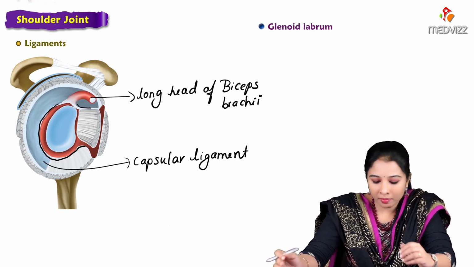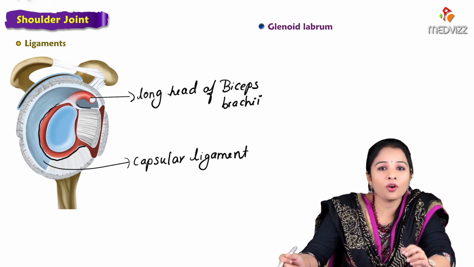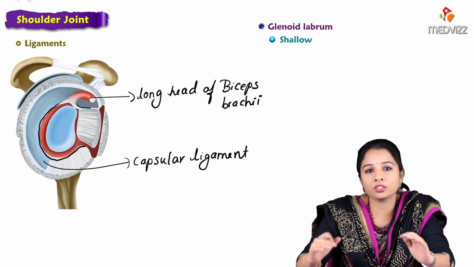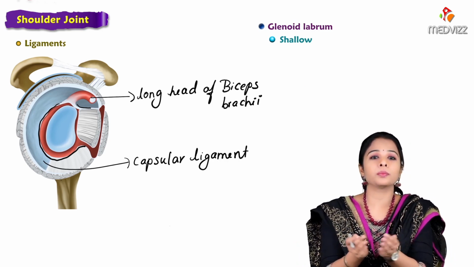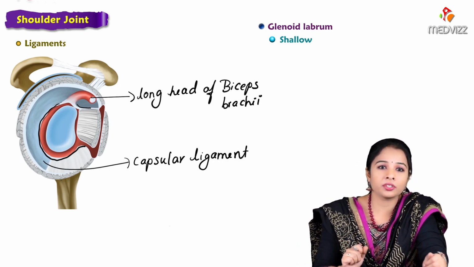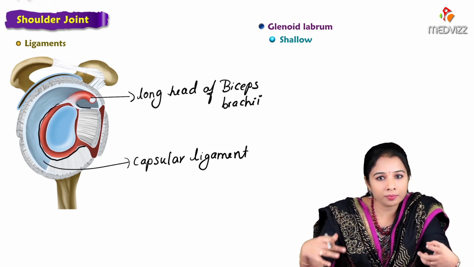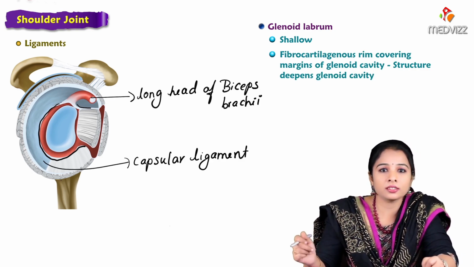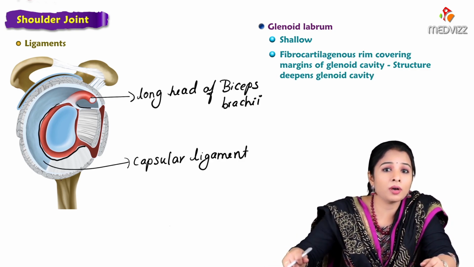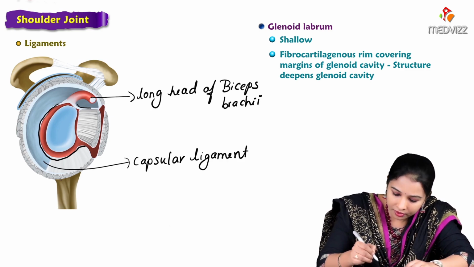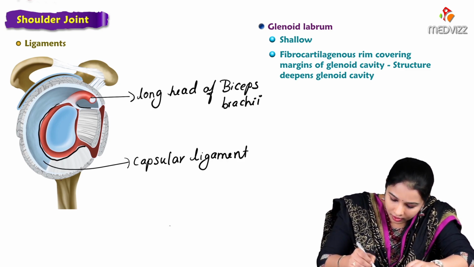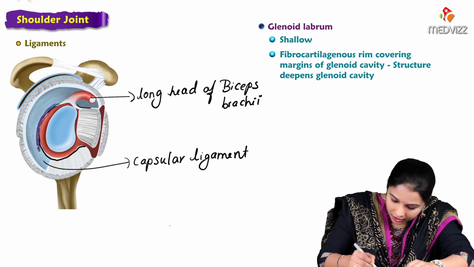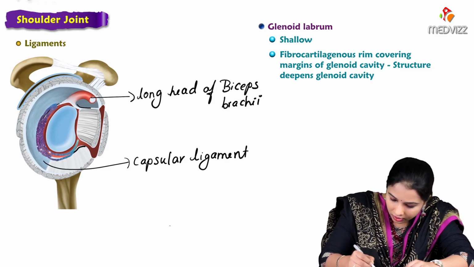Next is the glenoid labrum. As we know, the glenoid cavity of the scapula is shallow. It is not deep like a concave cup. It is a shallow depression. So to increase the depth of the glenoid cavity, there is a fibrocartilaginous rim which is present along the margins of the glenoid cavity.